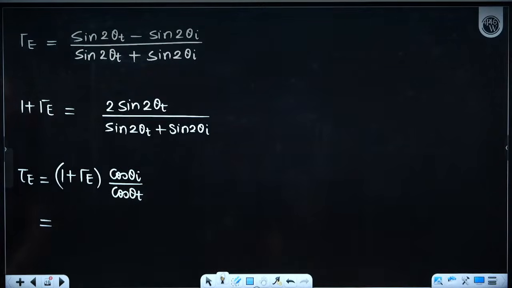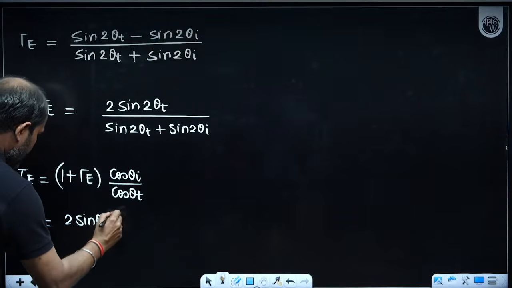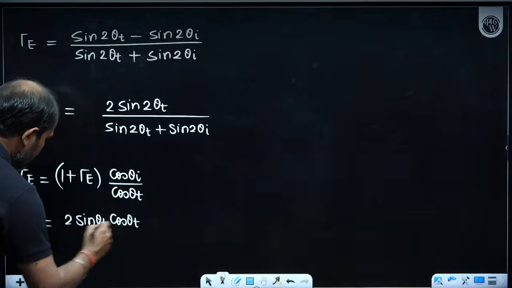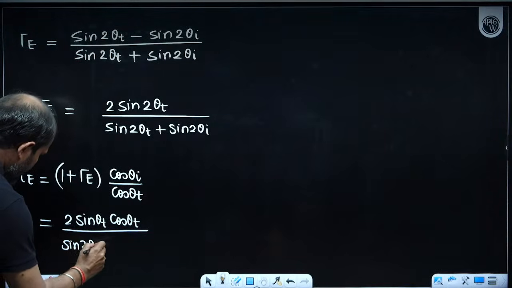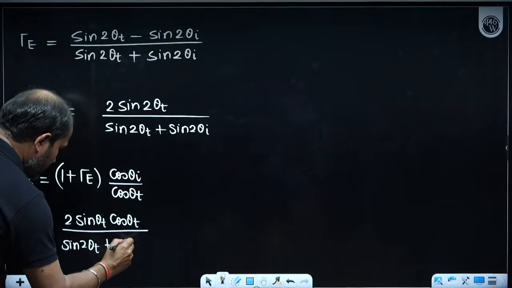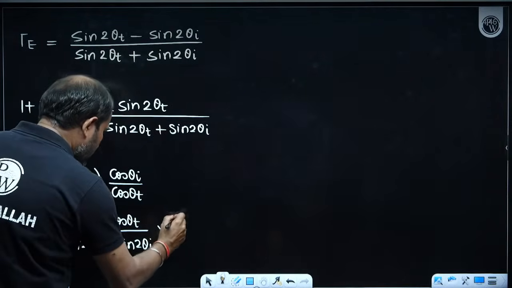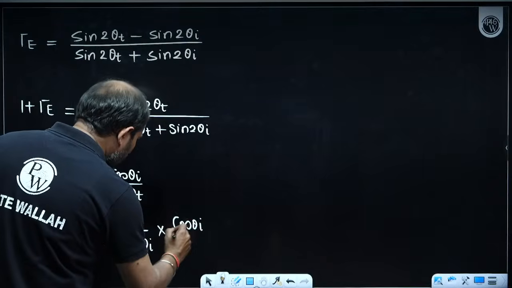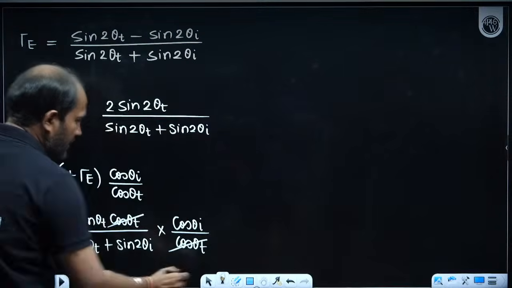So put the value. So 2 sine theta t cos theta t divided by sine 2 theta t, sine 2 theta I into cos theta I cos theta t. So this one will be cancelled out.